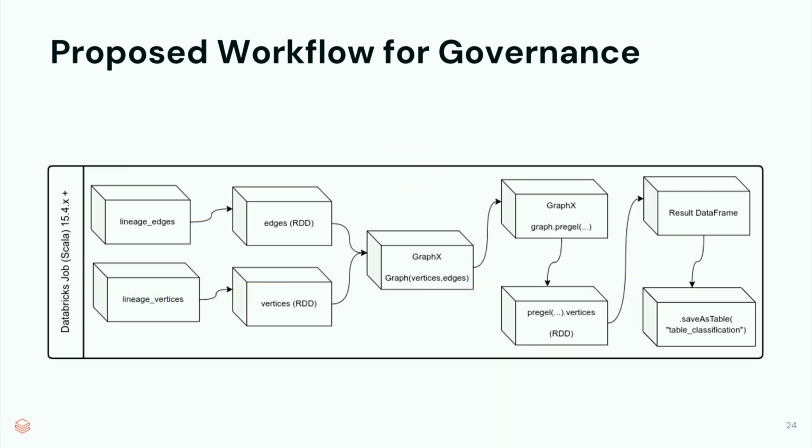So this diagram represents an overview of the GraphX processing. This is not a DLT pipeline, it's a job pipeline. So we have the lineage, vertices, and the edges. We use them as input of GraphX, then we do a Pregel calculation here, collect the vertices, and then we save as a final table, called table classification.